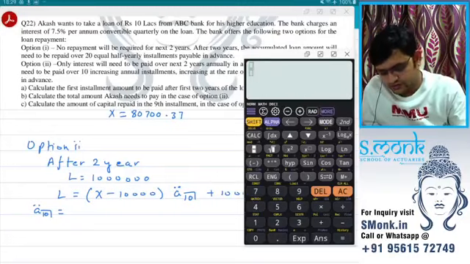I should have stored the value. I'll just store it right now. I think it was 0.077136.